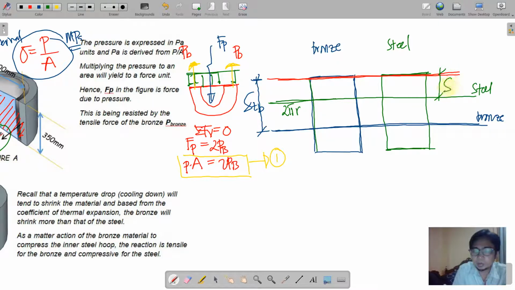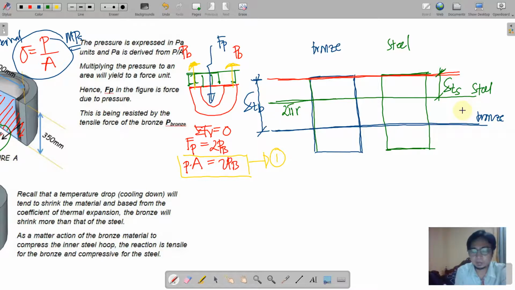Delta due to temperature of the steel. Okay? So as I have said, the contraction is more on bronze compared to steel. That is why if you notice, mas maikli yung inikli ng steel compared to bronze. So therefore, this shall be labeled as the corresponding delta for those materials.